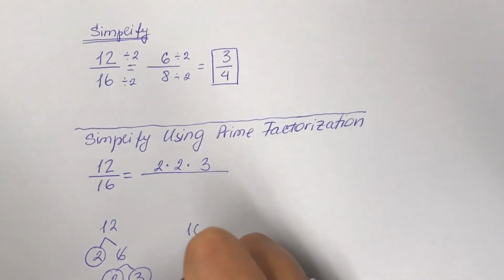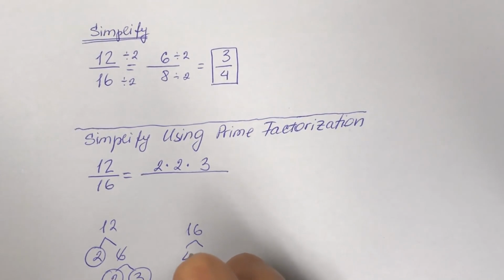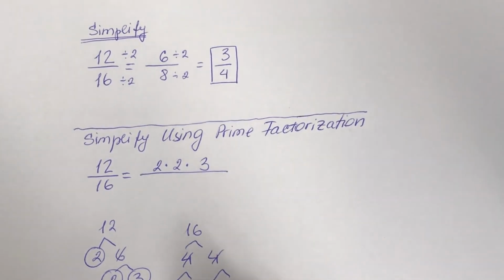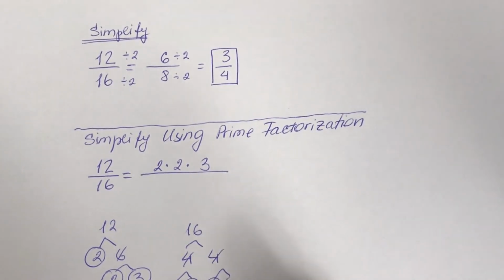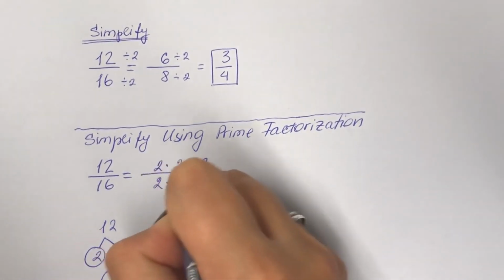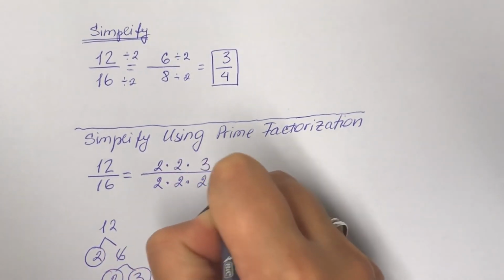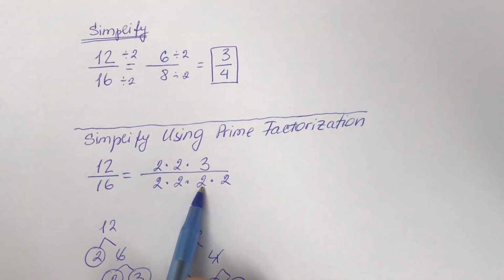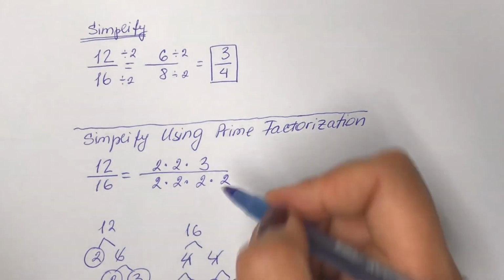And 16 can be written as 4 times 4, where each 4 is 2 times 2. So the prime factors of 16 would be 2 times 2 times 2 times 2, where 2 times 2 is 4, times 2 is 8, times 2 is 16.